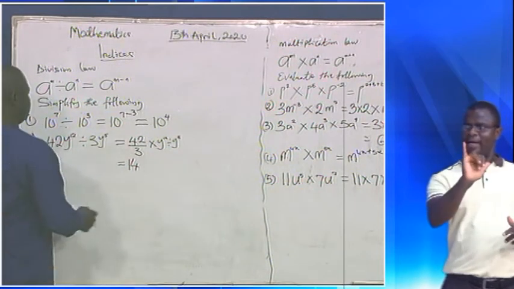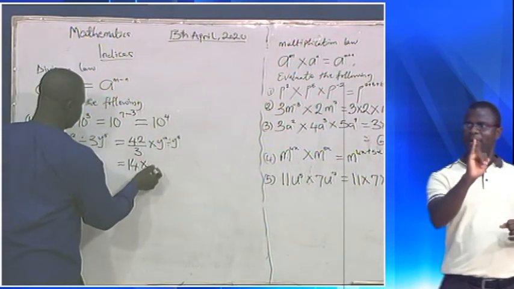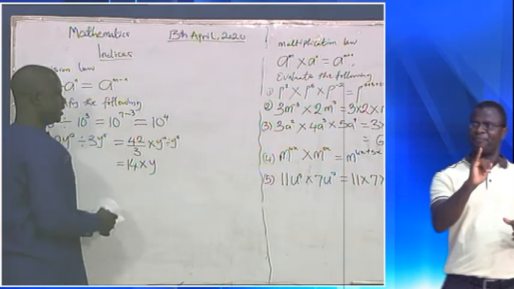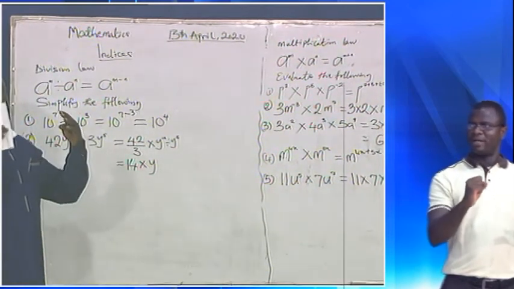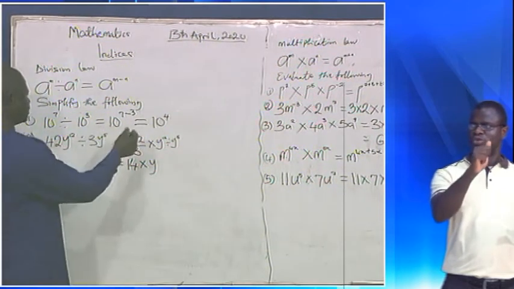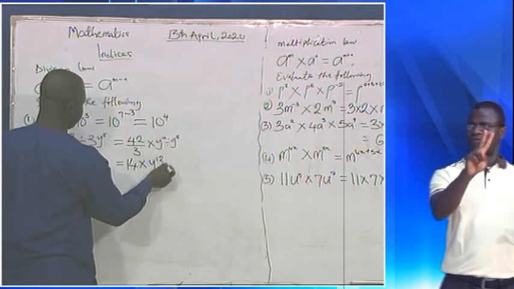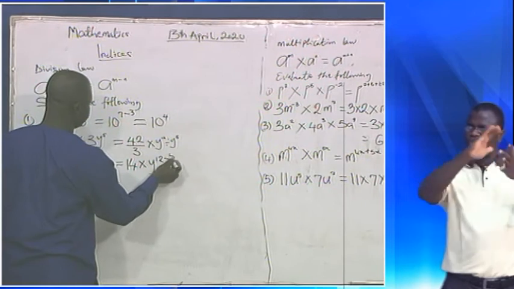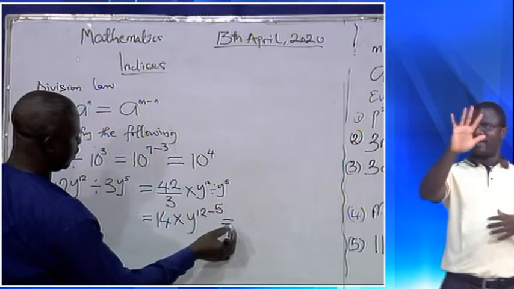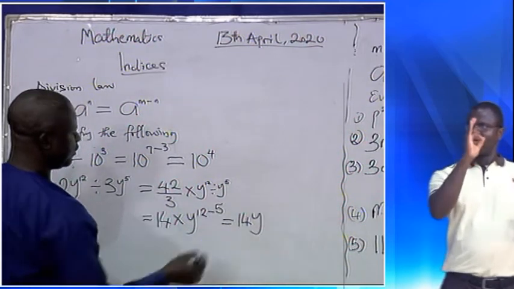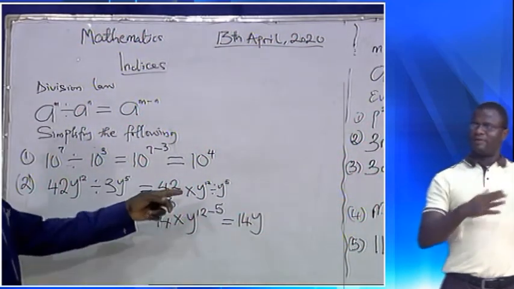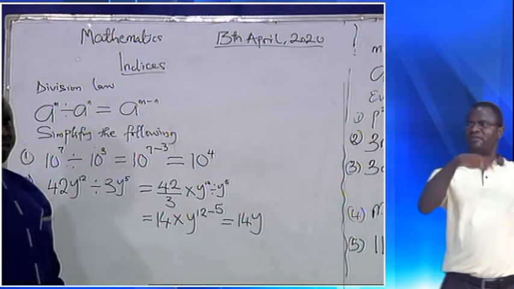Now, for the variable, we say under division, we subtract the powers of the variables. So the first one is 12 minus 5, which will now end up giving us 14y raised to power what? 12 minus 5.